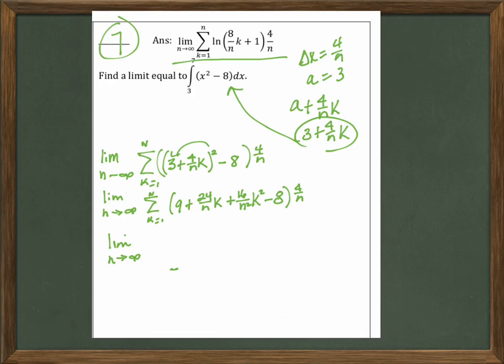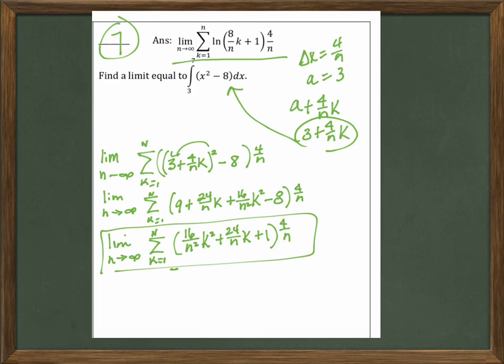Limit as n goes to infinity, the sum of k equals 1 to n of, let's put it in order, 16 over n squared k squared plus 24 over nk plus 1, all times 4 over n. So there we go. That was number 7. Okay, next video for the rest.